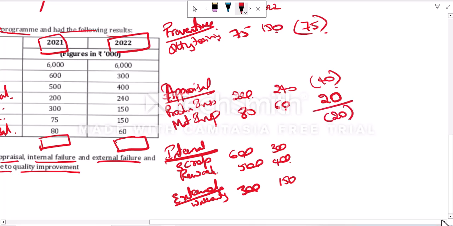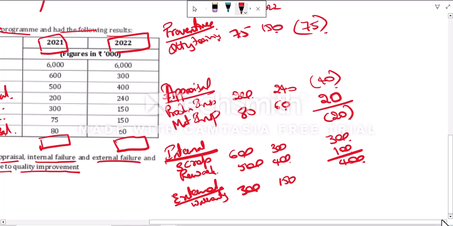Next, scrap has reduced from 600 to 300, so we gained a profit of 300 positive. And rework also decreased from 500 to 400, so 100 rupees.